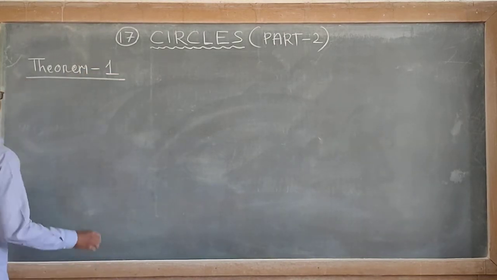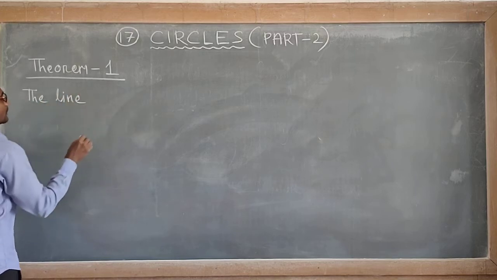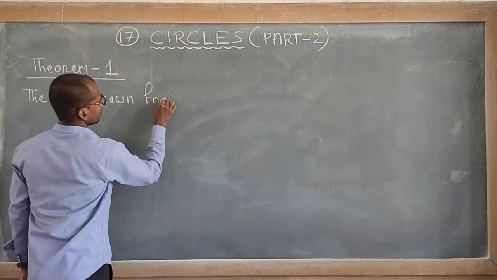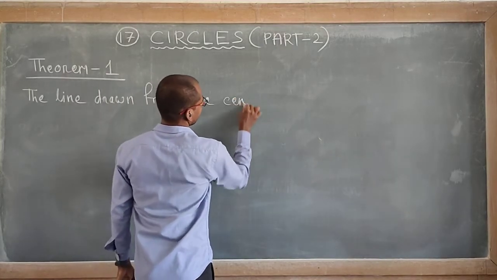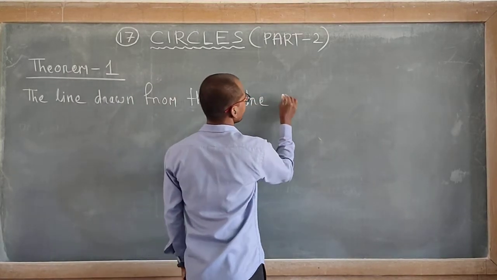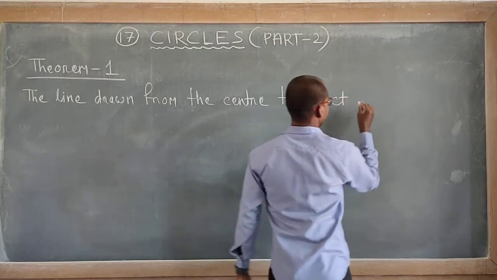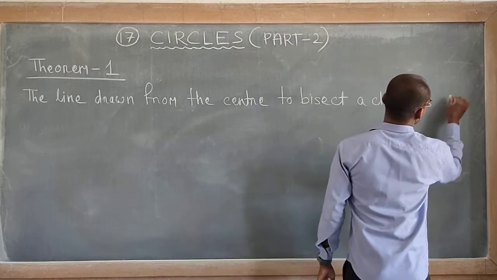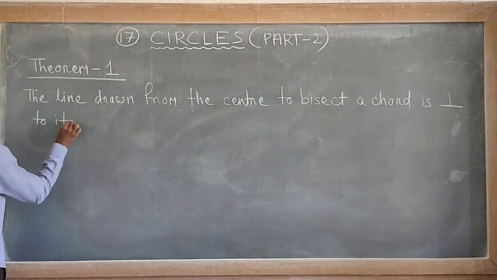Theorem 1. The line drawn from the center to bisect a chord is perpendicular to it.